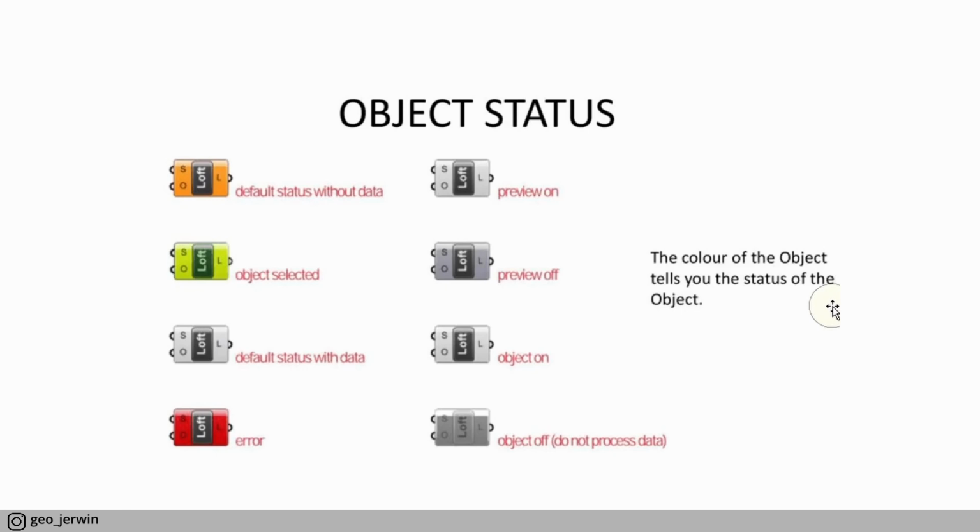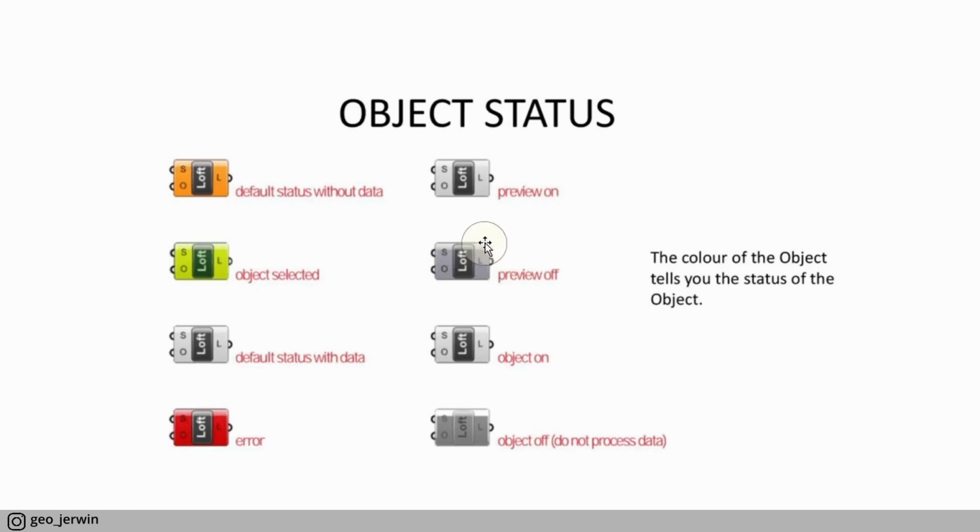And there are different types of object status when it comes to Grasshopper. The default status would be this light gray object status, where you will just work with it. It doesn't mean anything. It means your component is working properly and it has no mistakes.